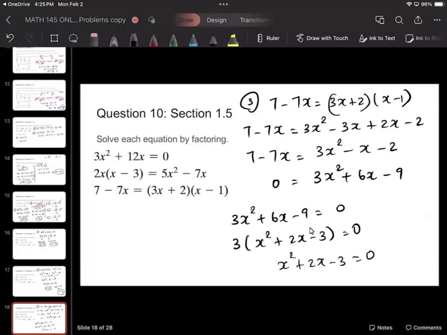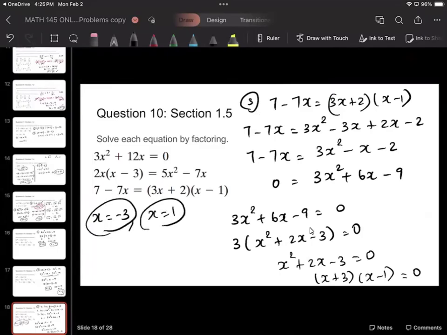This can be easily factored. x plus 3, x minus 1. So the two solutions are x equals negative 3 and x equals positive 1.